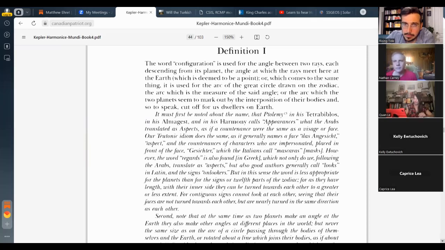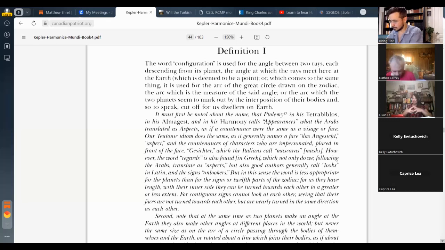The arc, which is the measure of the said angle, or the arc which the two planets seem to mark out by the interposition of their bodies, and so to speak, cut off for us dwellers on earth.